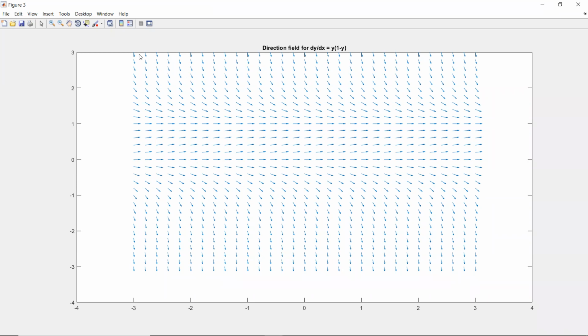And again, if I start from here, for example from point 3, then first I'm falling exponentially, but when I'm reaching y equals 1, the picture becomes horizontal.